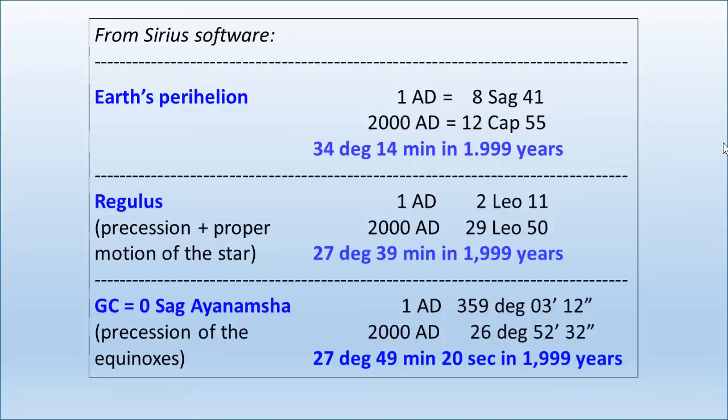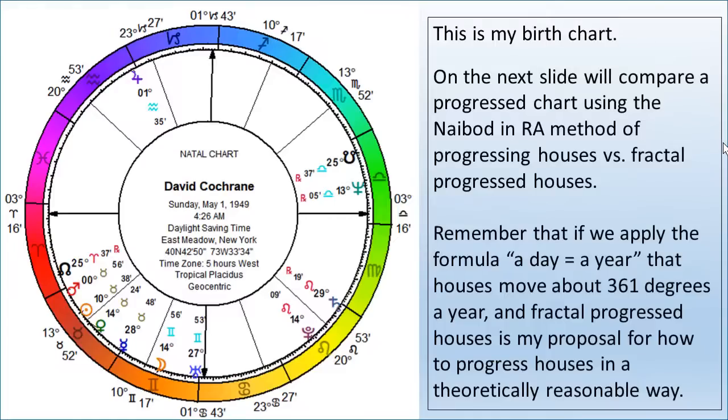The Earth's perihelion has moved almost 7 degrees in relationship to the fixed stars. So the Earth spinning around the sun is a little bit like a top, and it does swirl around. So over very long periods of time, perhaps our calculations could be different if we use an anomalistic year versus a tropical year or a sidereal year.